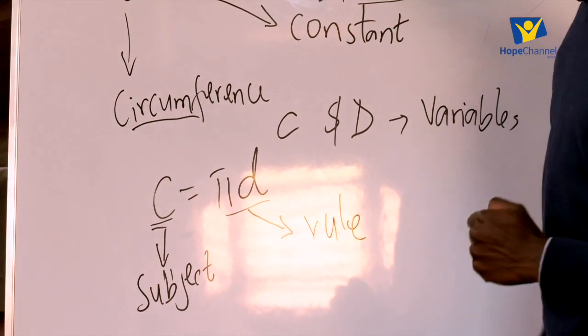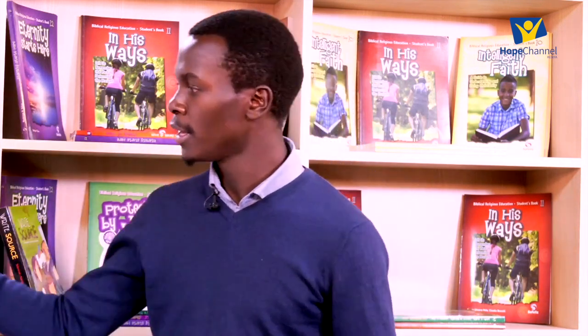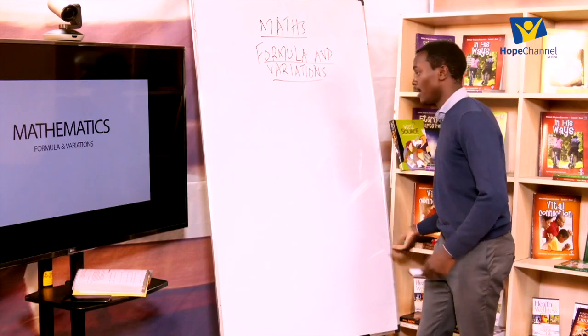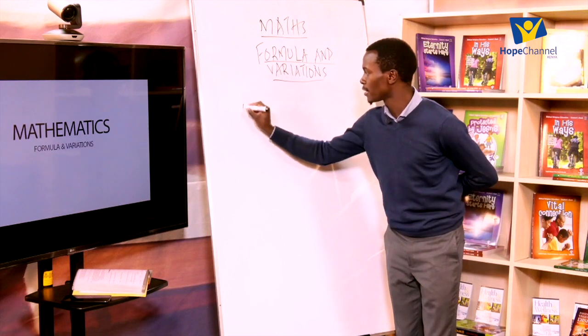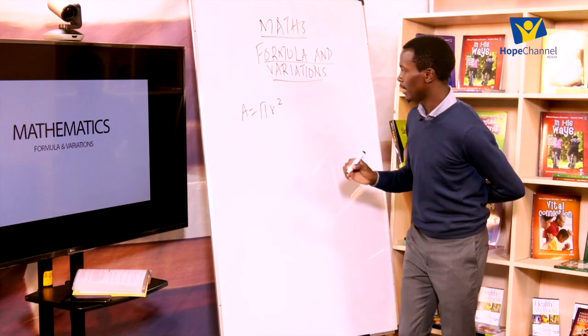Now from that point, I want us to do quite a number of expressions in which we are going to express one variable in terms of the other. So to start with, we're going to start with our first example. In this case, the area of a circle. We know the area of a circle is obtained as pi r squared.